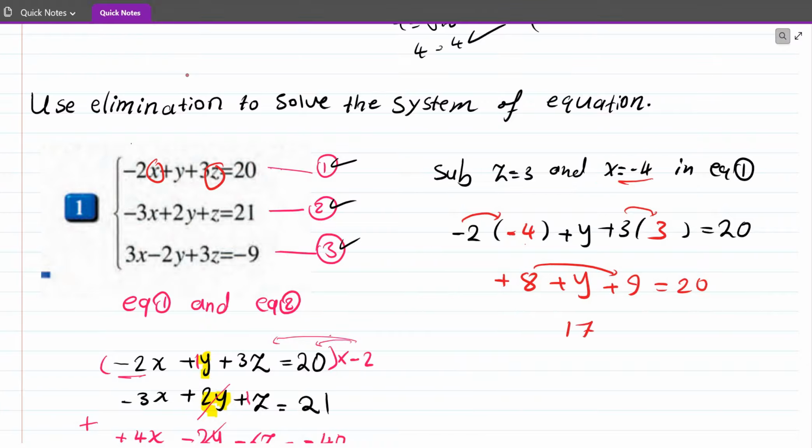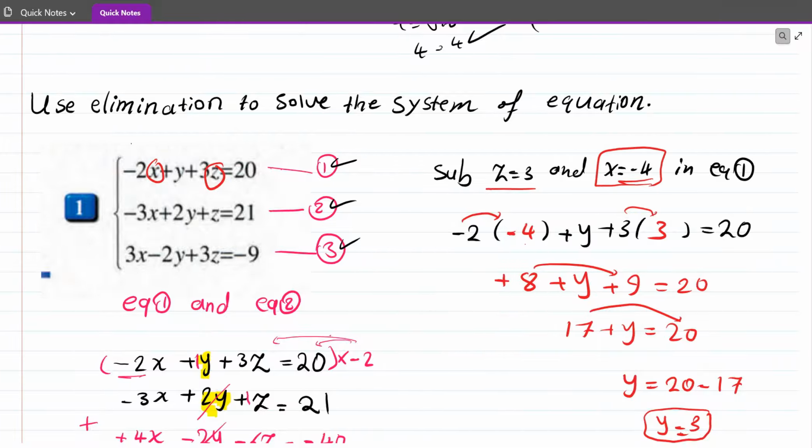So 17 plus y equals 20. Move 17 to the other side. y equals 20 minus 17, and y equals 3. So we found x equals negative 4, z equals 3, and y equals 3 also.